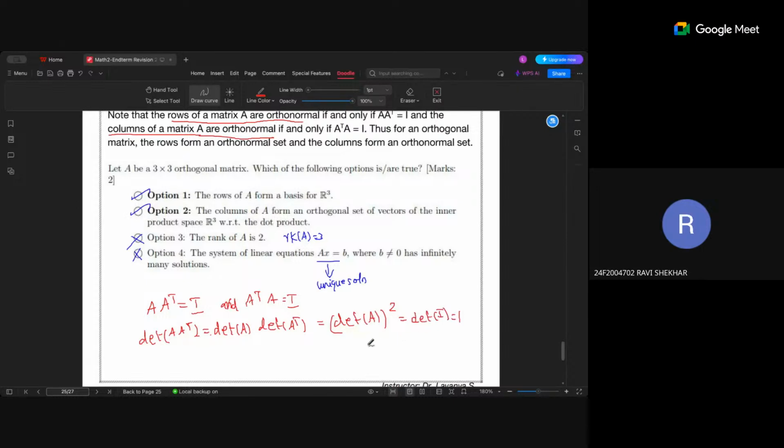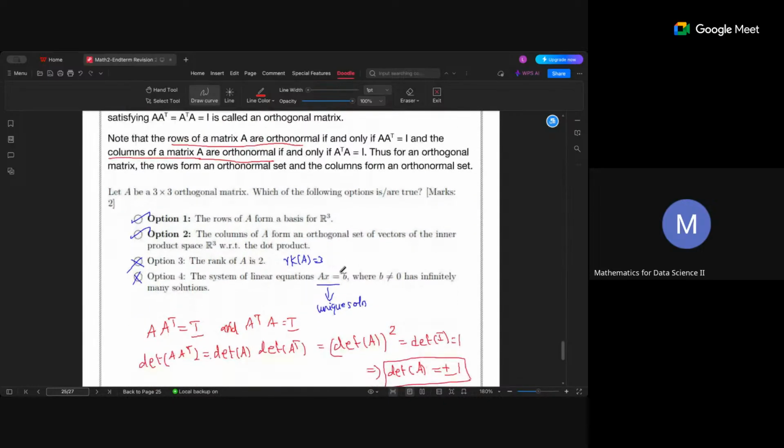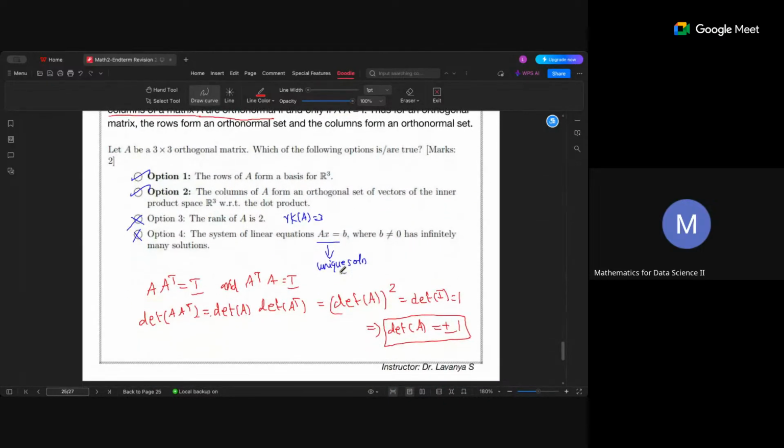This is an important property about the determinant of an orthogonal matrix. Is that clear? Yeah.